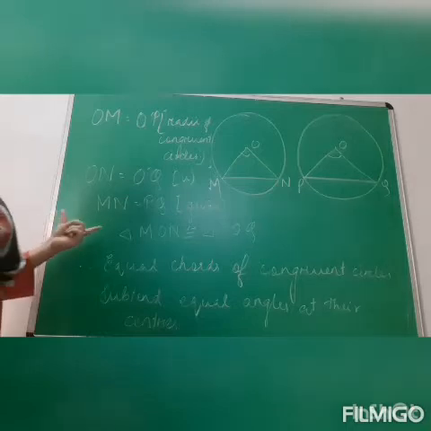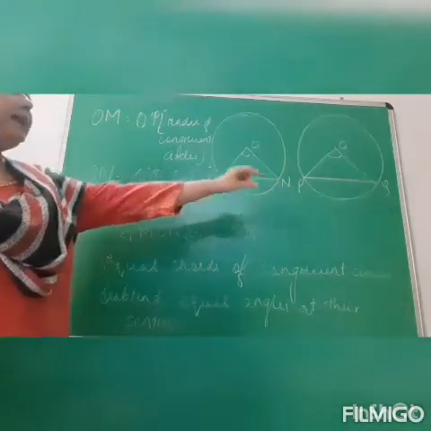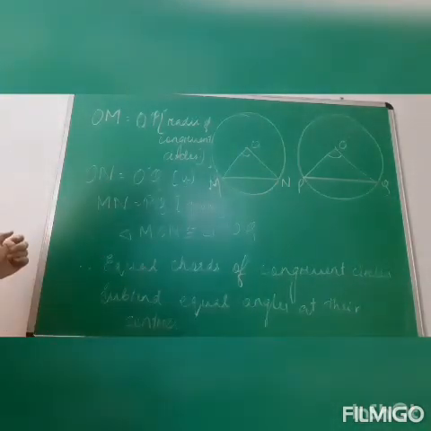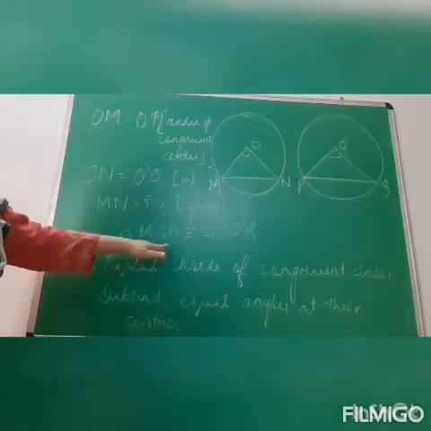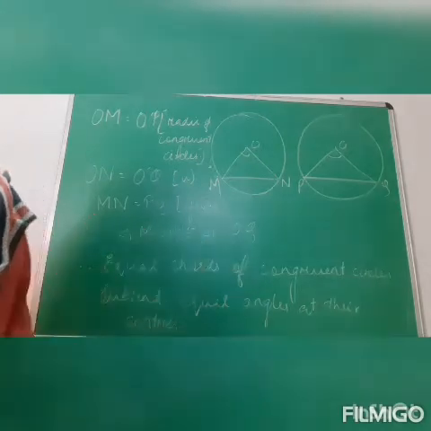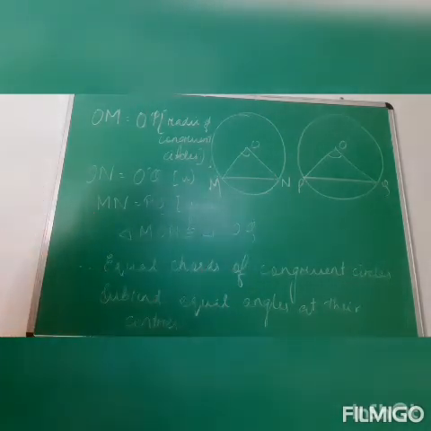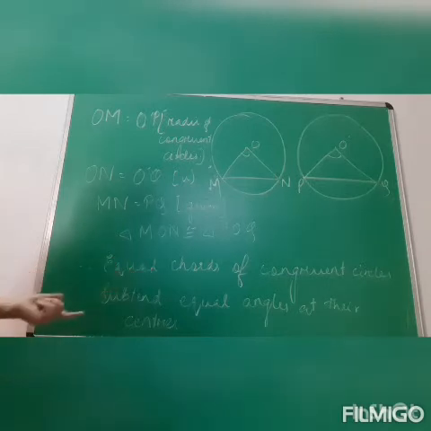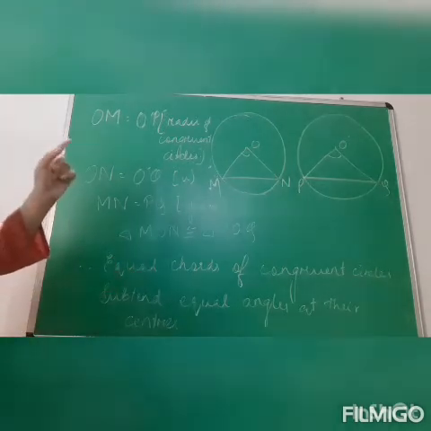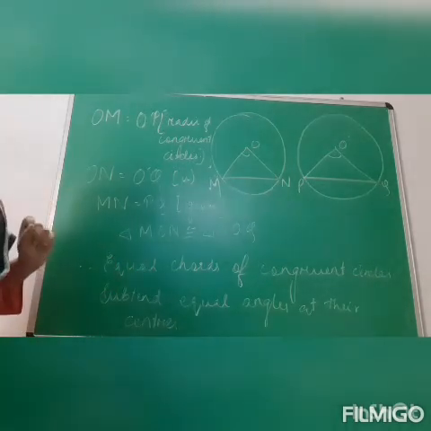And it is given that the chord MN is equal to PQ. From these three conditions, triangle MON is congruent to triangle PO dash Q. So if these two triangles are congruent, then equal chords of congruent circles subtend equal angles at their centers. That is, angle MON is equal to angle PO dash Q.